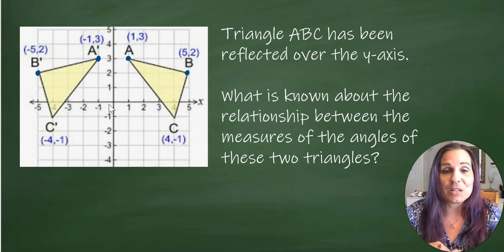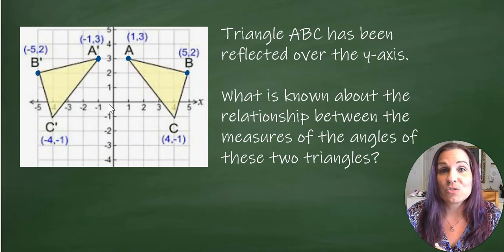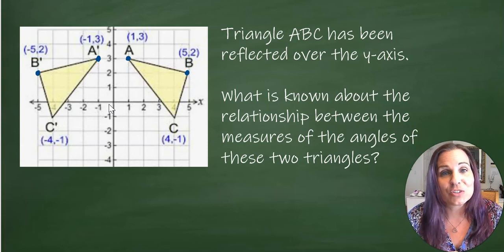To the previous image. So pre-image is before the transformation, and then image is after. So with those three transformations, the image is always congruent to the pre-image. Those three transformations are called rigid transformations because they don't change the size.